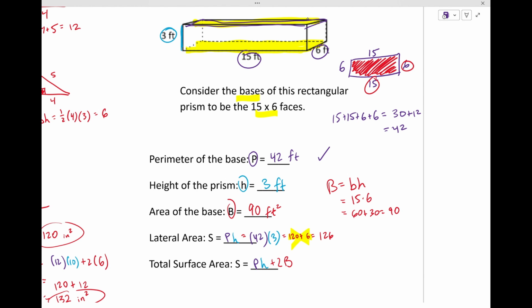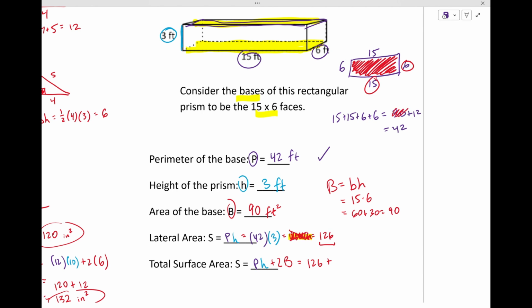Okay. And over here, we have, again, P times H. We already know that's 126 right here. So I'm not even going to bother to write out 42 times 3 again. Sorry, let me make this more clear. You don't need to do this step right here.